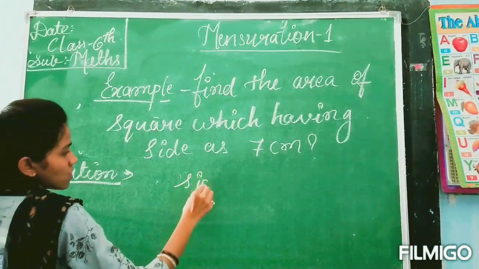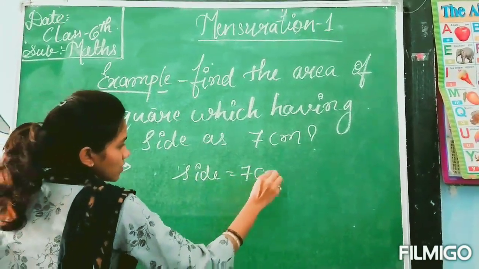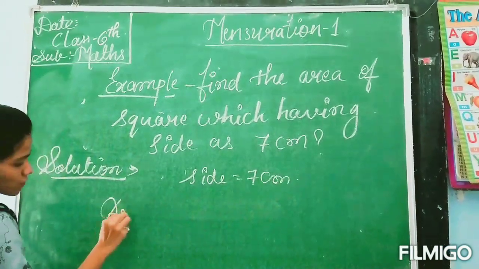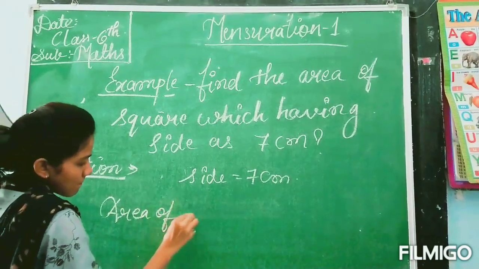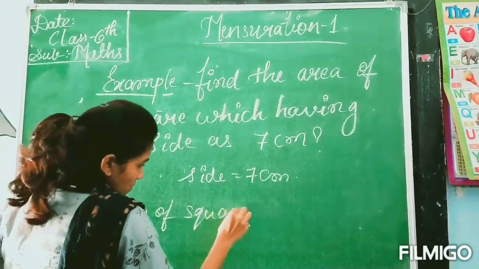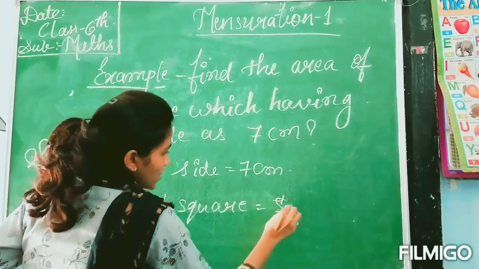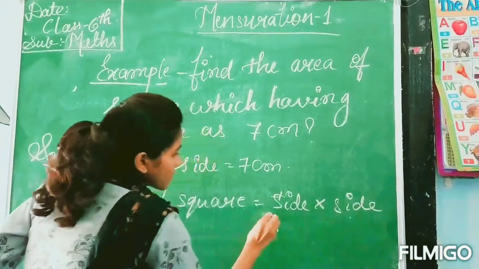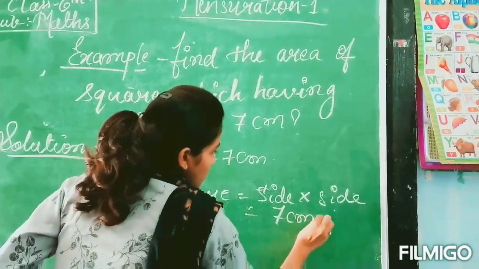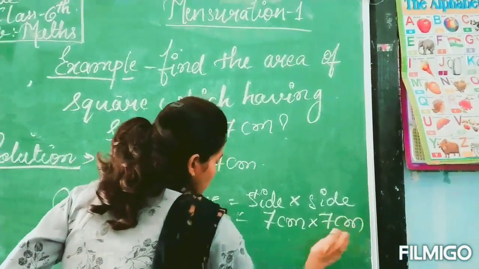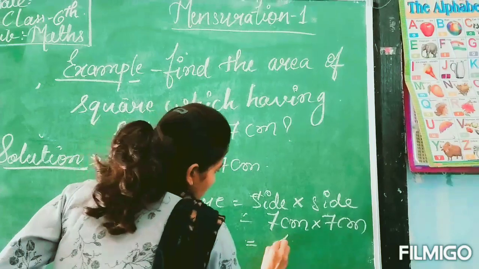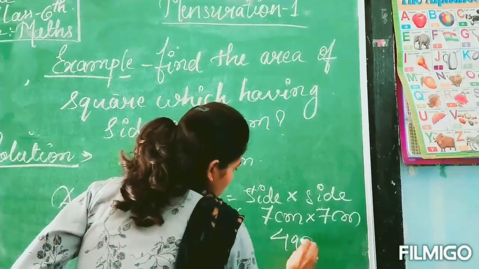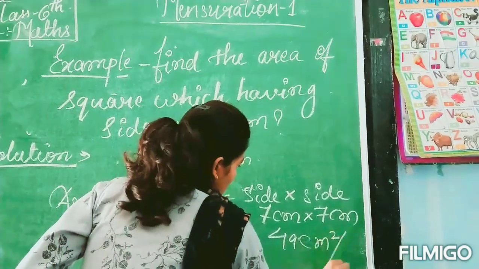Side is equal to 7 centimeter. Area of square is equal to side into side. 7 centimeter into 7 centimeter, 49 centimeter square.